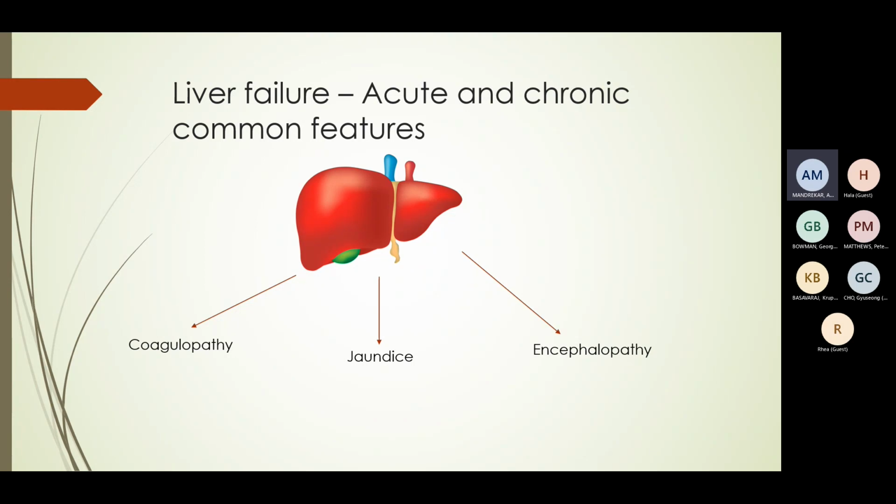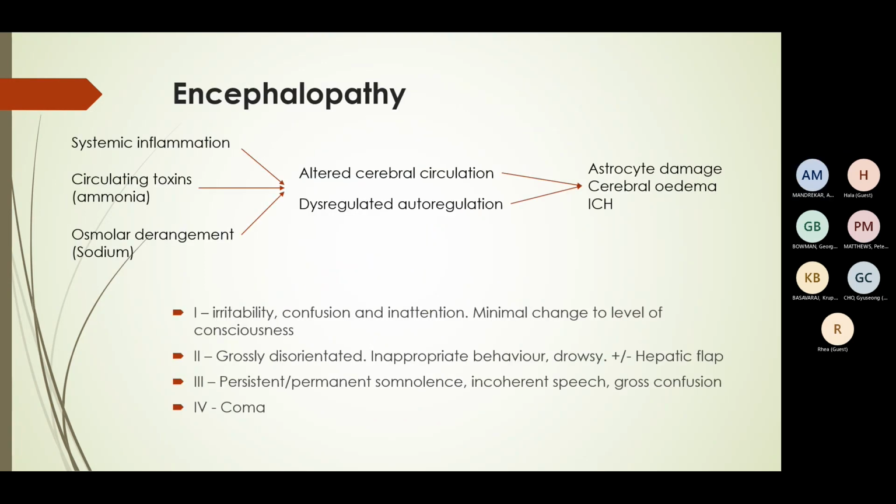So, thinking about encephalopathy, which we're starting with in acute liver failure, encephalopathy is particularly important for acute liver failure. The pathophysiology is that you have an inflammatory response, which we'll talk more about when I'm on the acute liver failure page.